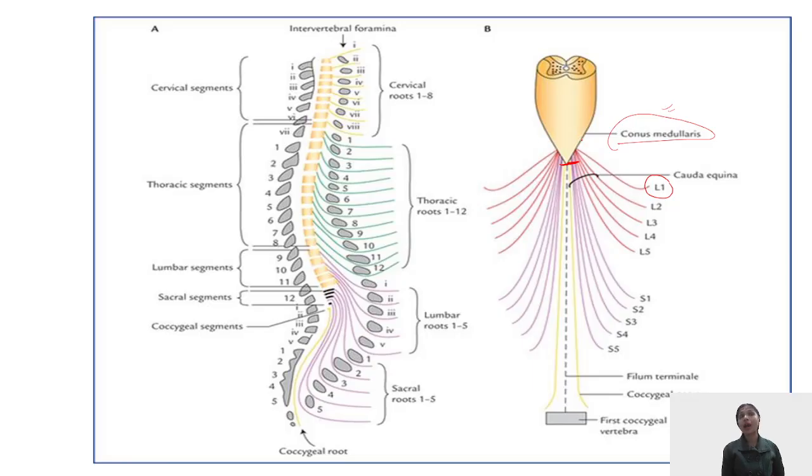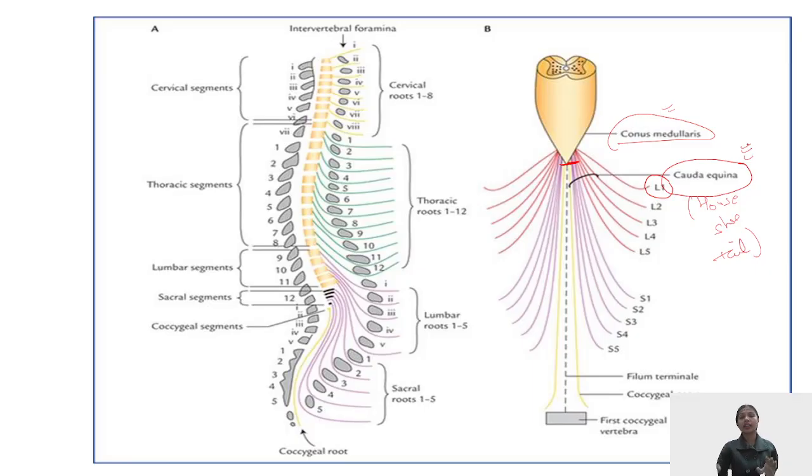But still you have your lumbar spinal nerves and your sacral spinal nerves which have to come out. All these nerves descend a little lower in the form of a horse tail, which is known as the cauda equina. Is that clear?